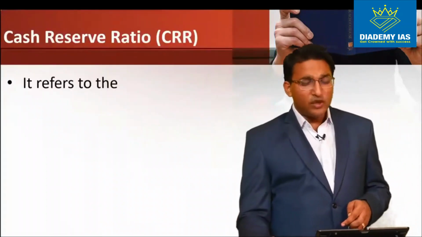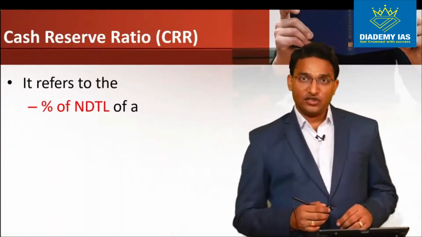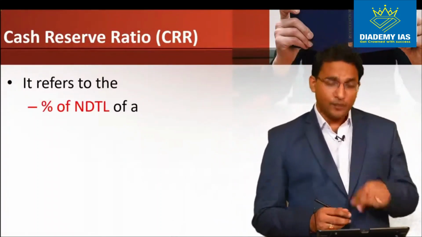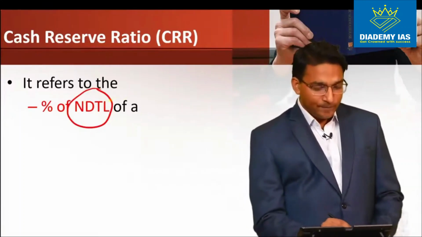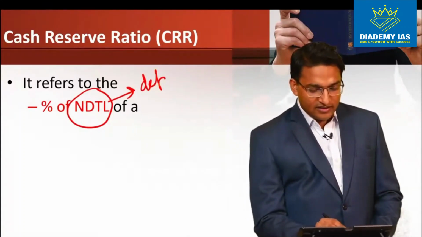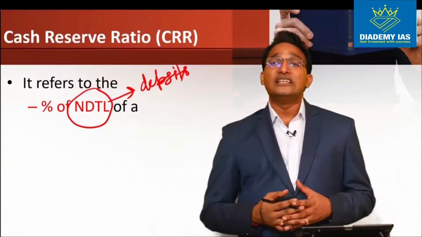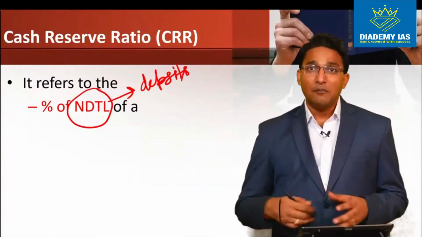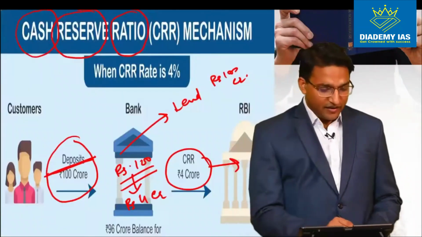So let us see what is the meaning of cash reserve ratio. Cash reserve ratio means a percentage. This is a ratio, so it is a percentage. Percentage of what? Percentage of NDTL. For the sake of simplicity, let us say this is the deposits, the amount that banks have received from the customer, that is this 100 crore rupees.